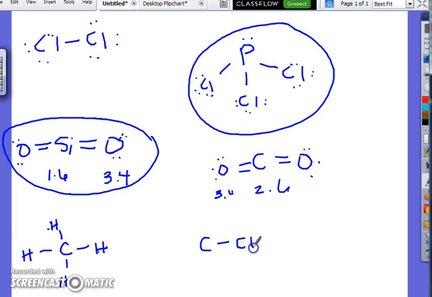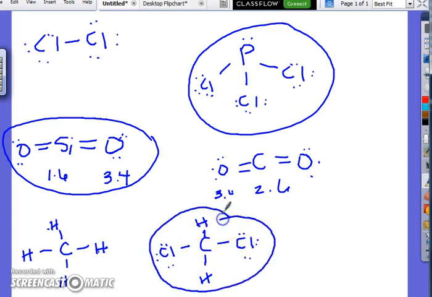And then if I throw in a couple of chlorines, and you could put the chlorines anywhere around the C. So if you wanted to put them kind of like this, or you could put them right next to each other. They actually do kind of rotate around a little bit in real life. And in this case, because these chlorines are present, this would be the one, if you had to pick between those two, that would be more polar. Not necessarily completely polar, but definitely more polar than the methane.